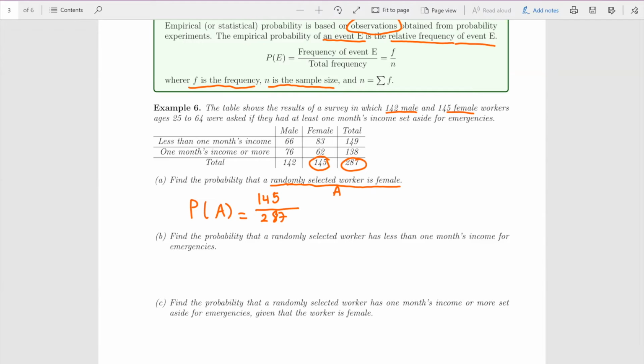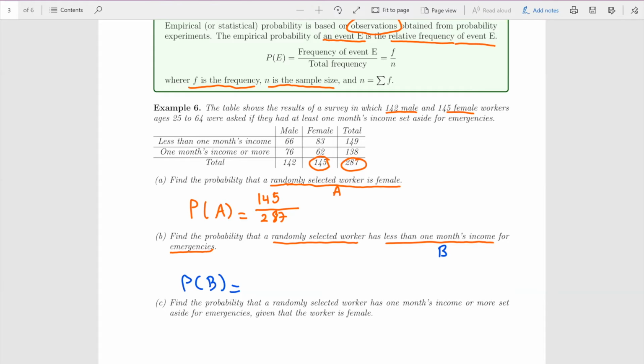B, what is the probability of selecting a random worker that has less than 1 month's income for emergency? So I call this event B. So the probability of B should be equal to, how many outcomes are in this event B? Less than 1 month's income.